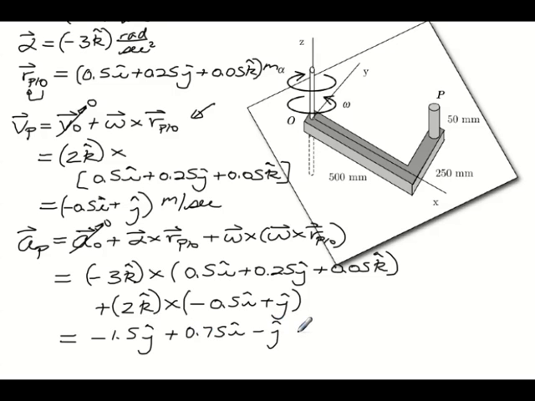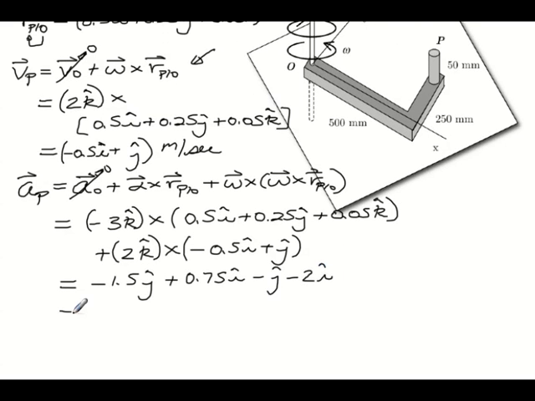There's k cross j, which is a minus i, so that's going to be a minus 2i, like this. Okay, so I grouped together my terms. The i components are going to give me a minus 1.25 in the i. The j components are going to give me a minus 2.5, and of course that's in meters per second squared, like that.